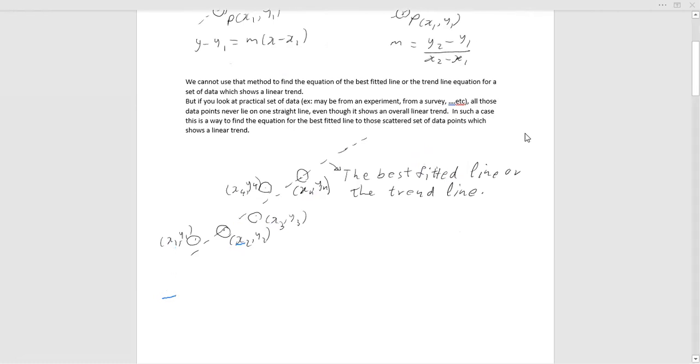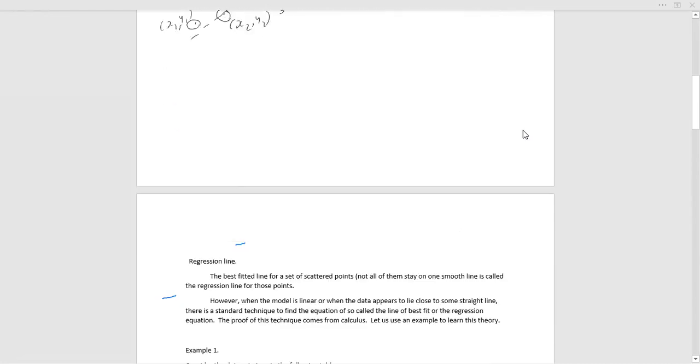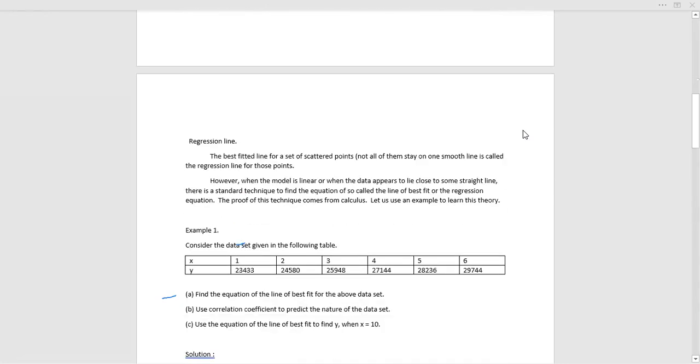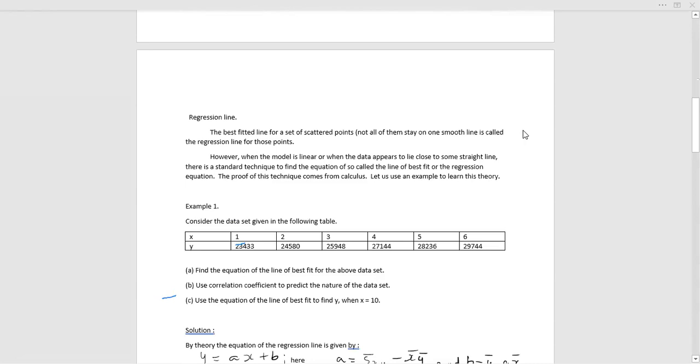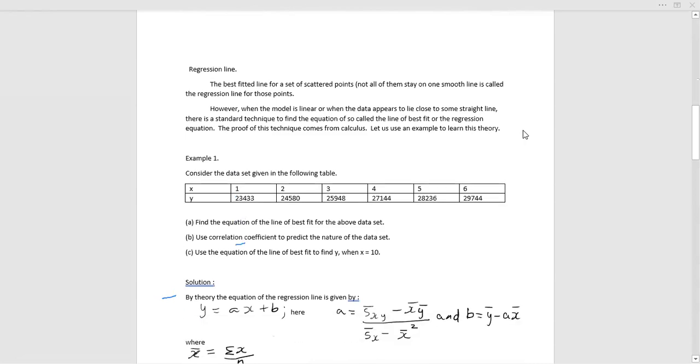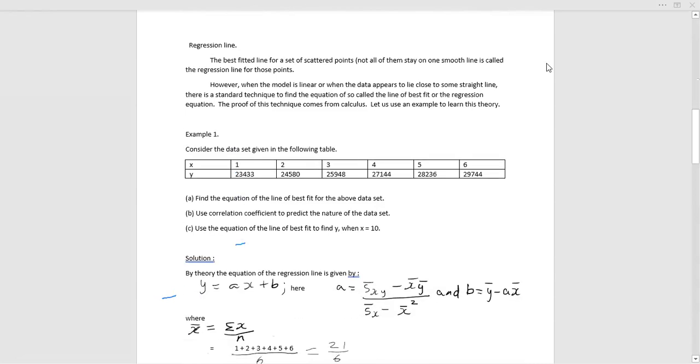The regression line equation. Now I show you the equation of the regression line formula.